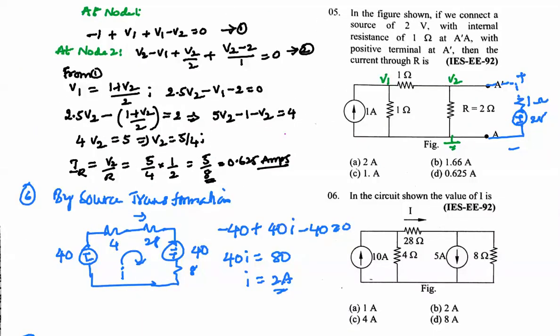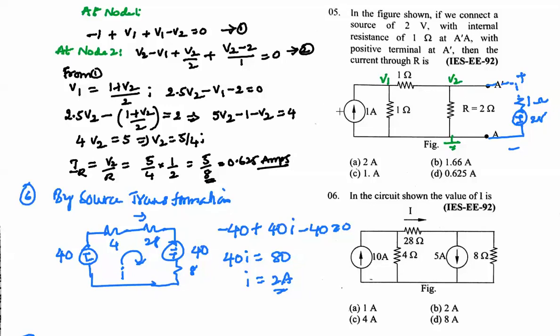Next, our fifth question. In the circuit shown in the figure, if we connect a source of 2 volts with an internal resistance of 1 ohm at the A dash A terminals, with the positive terminal at A dash, then the current through the R will be.